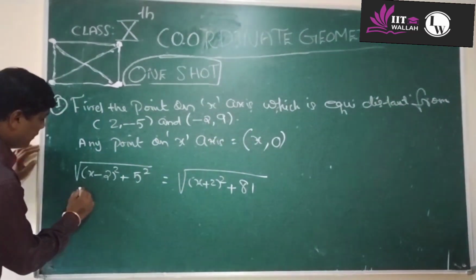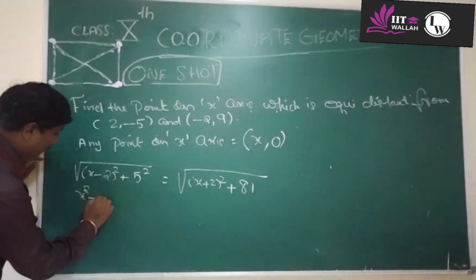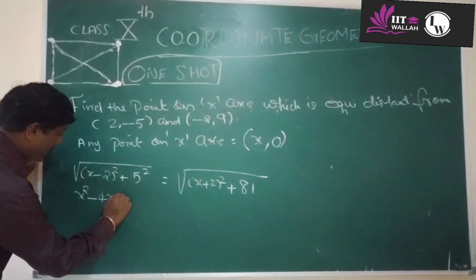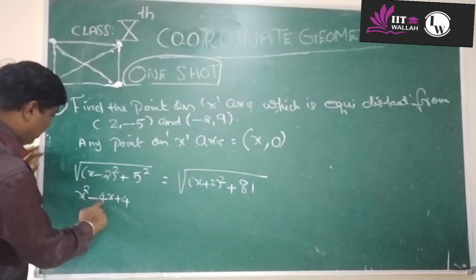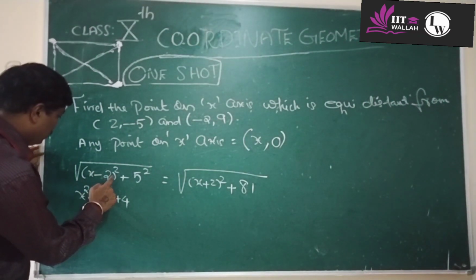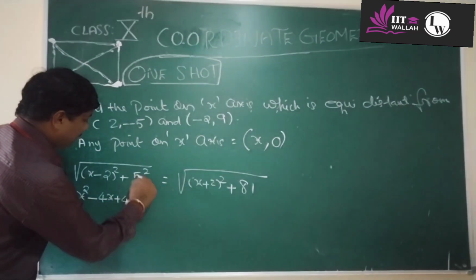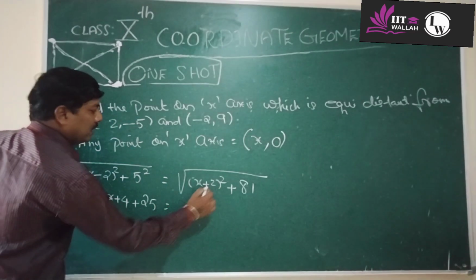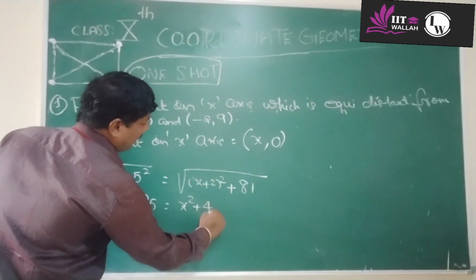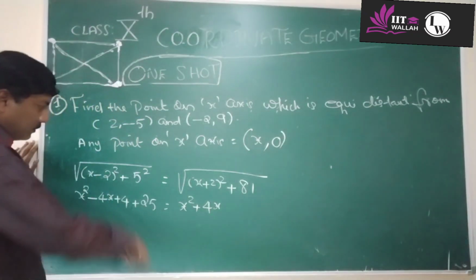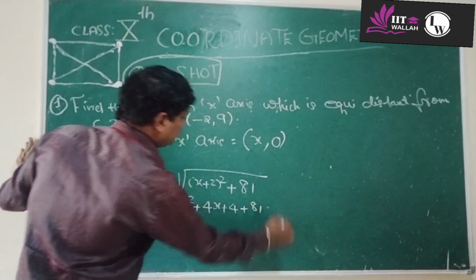So this is nothing but, you open this: x square minus 4x plus 4, using a minus b whole square formula, plus 5 square is 25. Here x square plus 4x plus 4 plus 81. Okay.